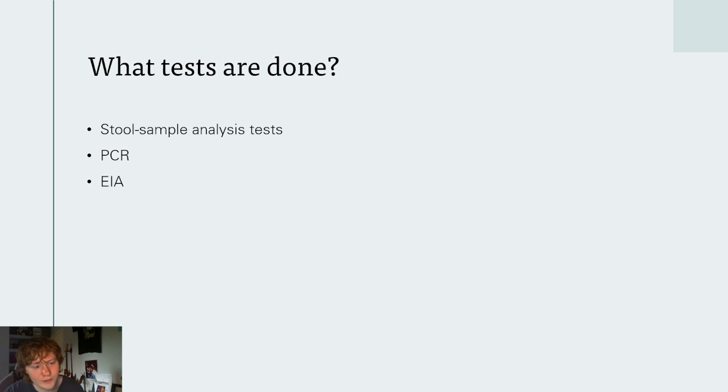Ways to test for C. diff. You can test through stool sample analysis tests, and that goes these two right here: a PCR test, and then an enzyme immunoassay test. A PCR test is used to detect the certain genes that code the C. diff toxins, and it is a highly sensitive test, meaning you will get results rapidly.